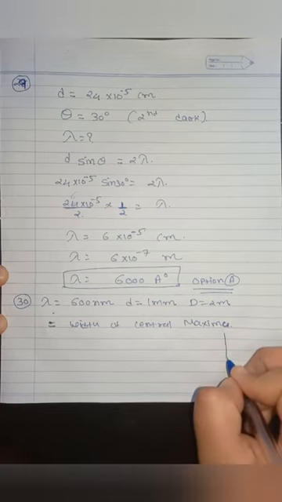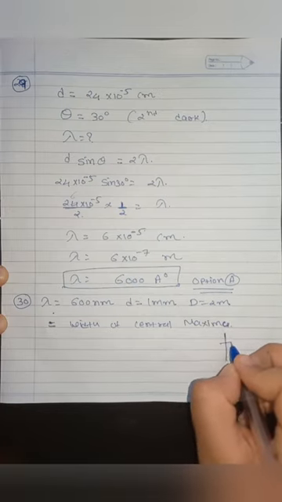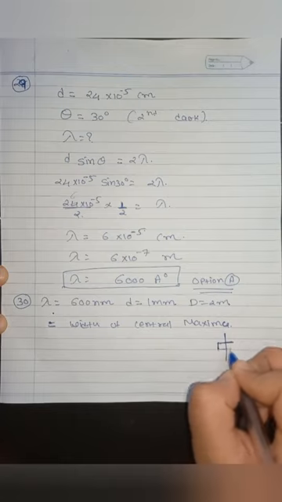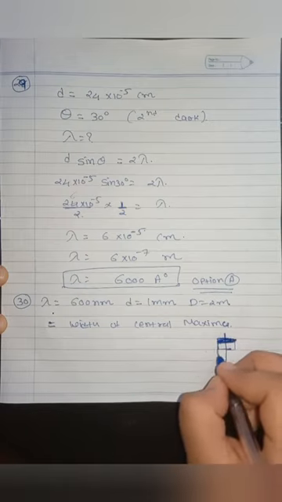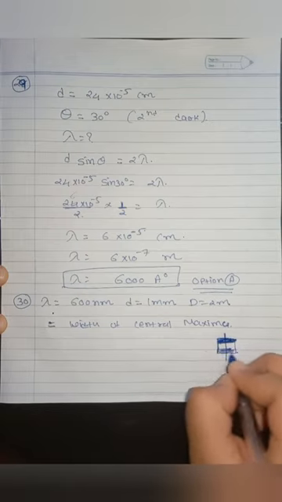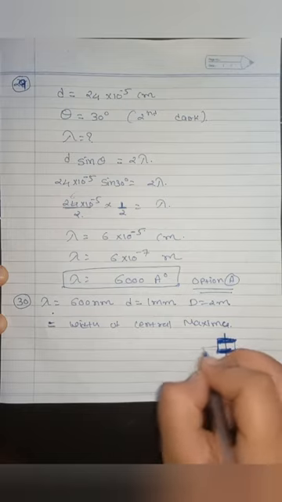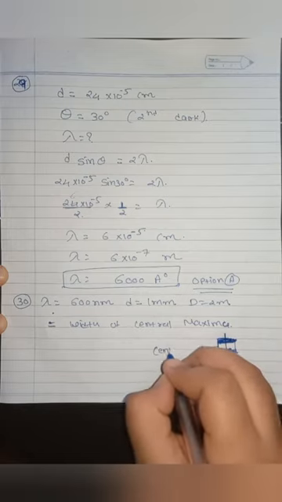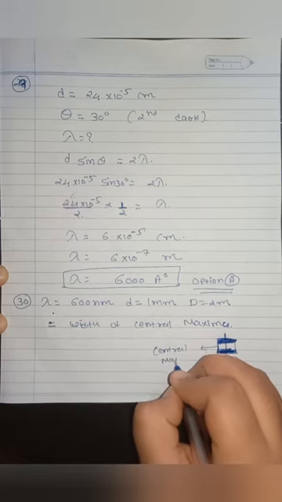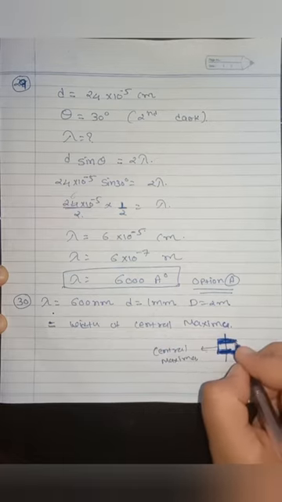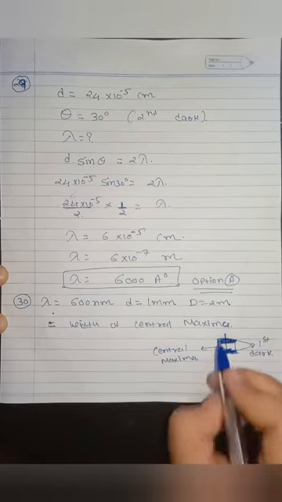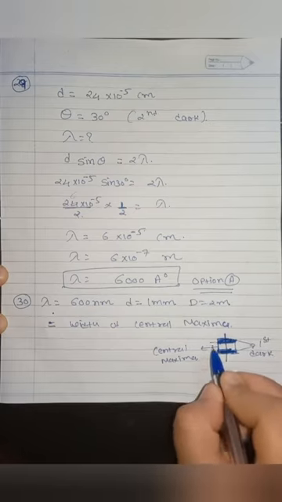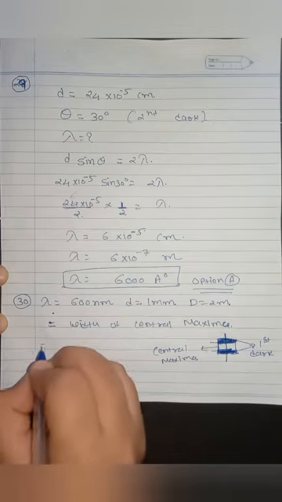because if we see the diffraction pattern, if this is the central bright, then these will be the first dark on either side. This is the central maximum, and these are the first dark. So the distance between the first two dark is equal to the width of central maxima.